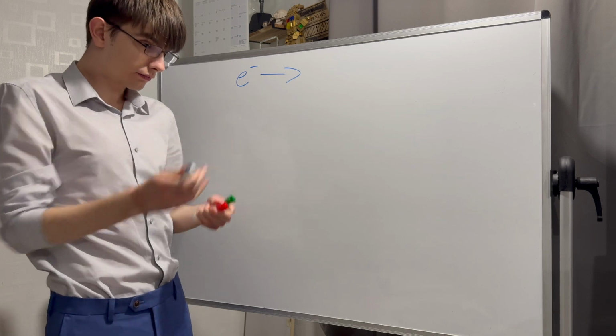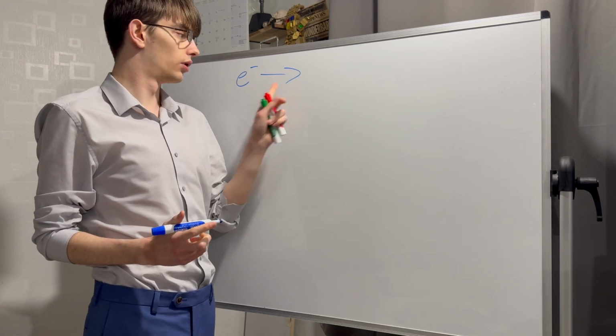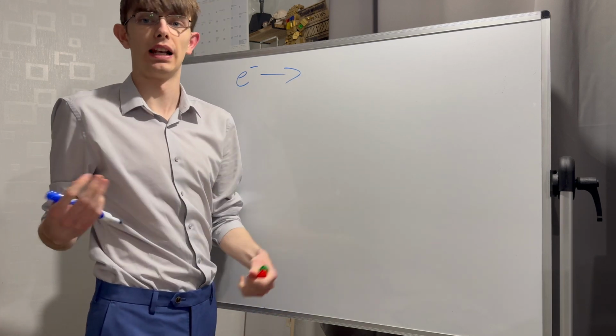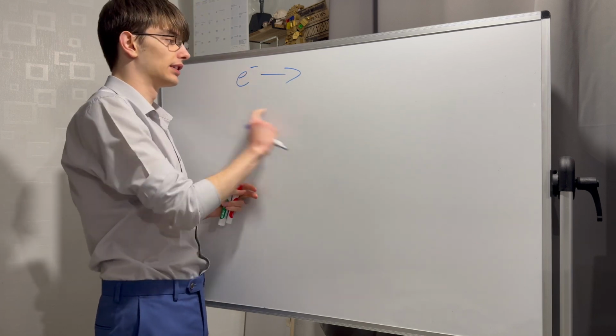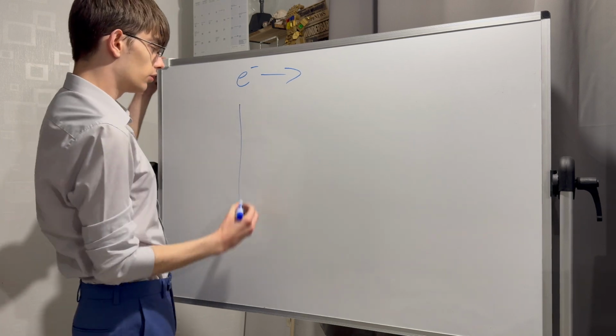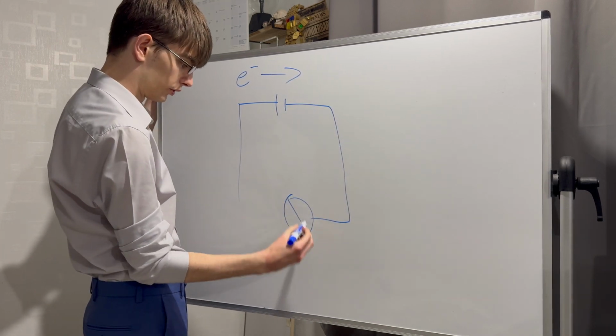So, how do I do this? Well, that's a bit too far for today's course. Might be with a battery, might be with some electromagnet. But the idea is, as long as I make them move, I'm good to go. So if I imagine just a simple circuit with a lamp.